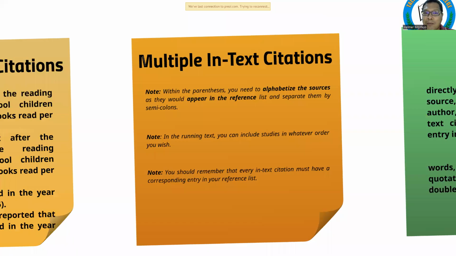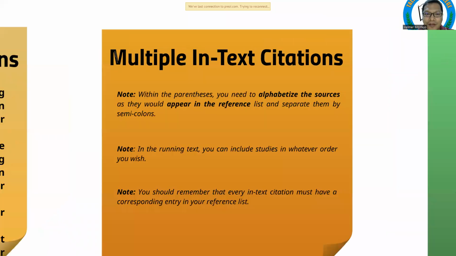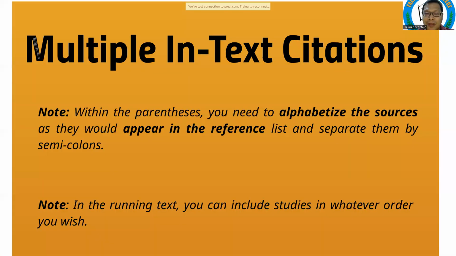Now, there are very important things to note here. First, within the parentheses, you need to alphabetize the sources as they would appear in the reference list and separate them by semicolons. So the key words here are alphabetized, and the same as they would appear in the reference list.